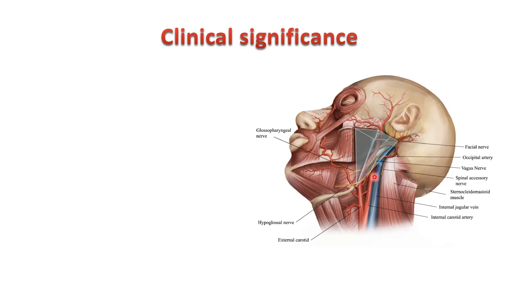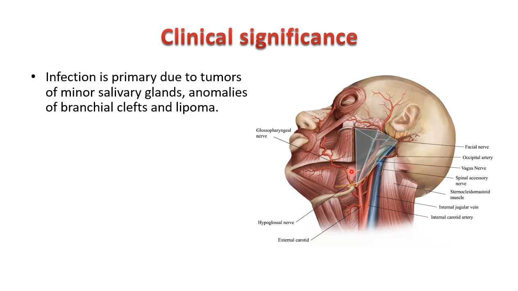Mainly it consists of the maxillary nerves and vessels. When you look at the clinical significance, the lateral pharyngeal space might get infected from the retropharyngeal space, or from pathology arising from this space itself because of certain minor salivary glands, anomalies of the branchial clefts or branchial apparatus, or lipoma.